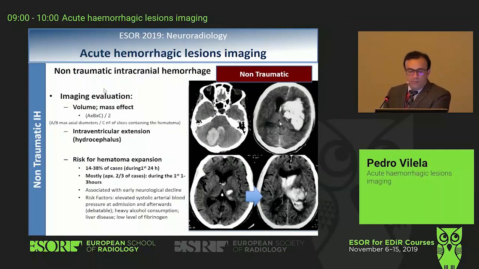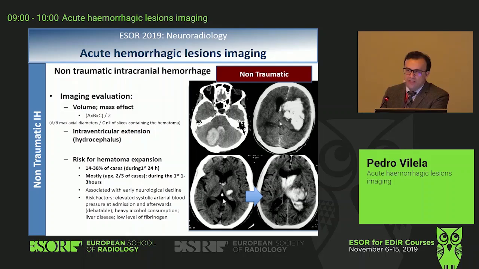When you are reporting, you need to look at the volume of the lesion and the mass effect, intraventricular extension, and the possibility of hydrocephalus. You should repeat imaging, not only if the patient has a clinical deterioration. If that is the case, you should repeat the imaging, but in any patient, because the hematomas continue to expand in almost more than 1/3 of the cases during the first day.